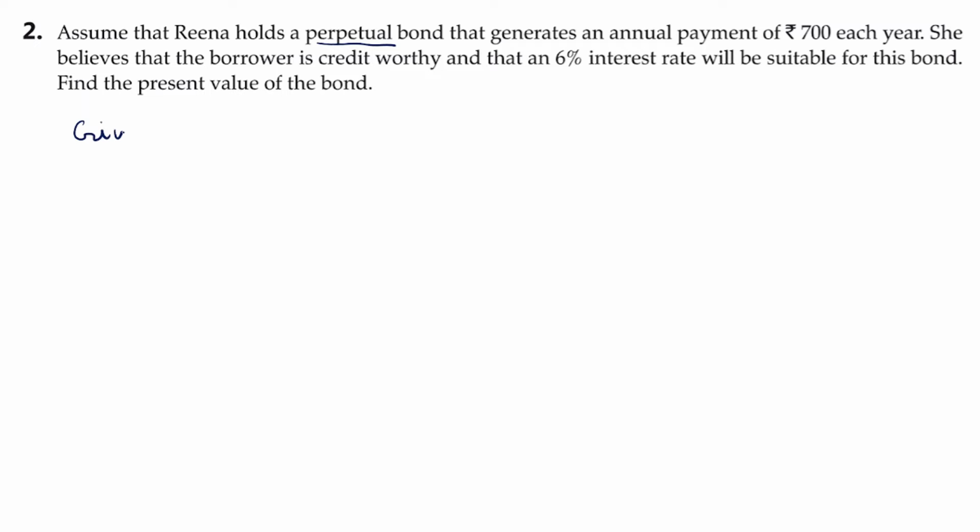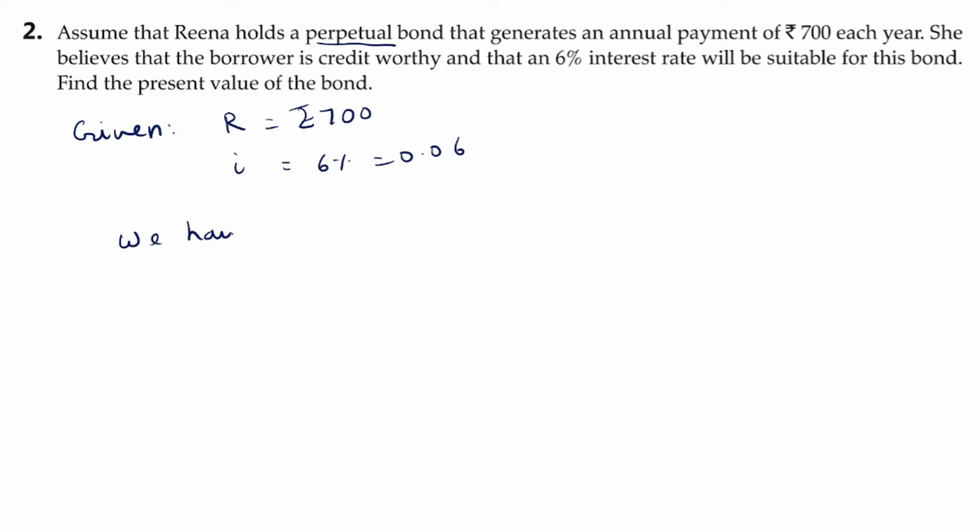So first let us write what is given. R is equal to rupees 700, and here the payment is made annually, so the rate per period is 6% or 0.06.